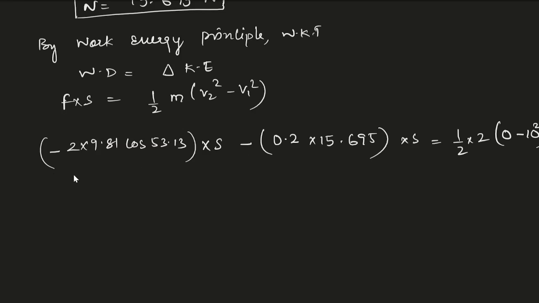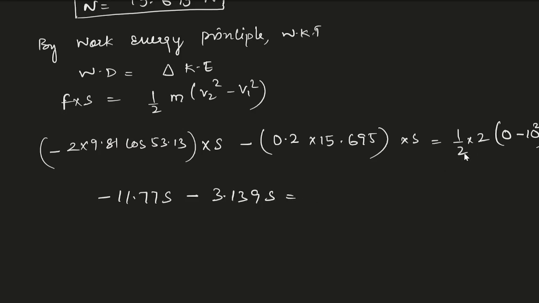Okay, so now minus 2 into 9.81 into cos of 53.13. I got the value as minus 11.77 s, minus 0.2 into 15.695, so this is minus 3.139 s.